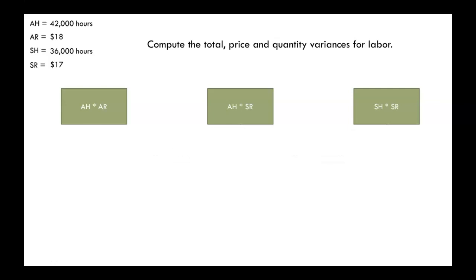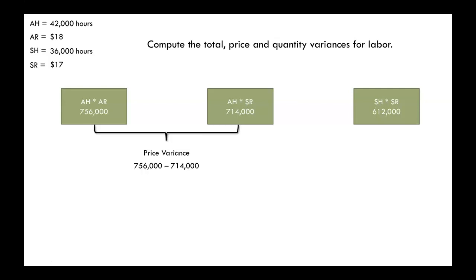So we start to plug in our numbers. 42,000 times 18, 42,000 times 17, and 36,000 times 17. So we get 756, 714, and 612. Our price variance will be 756 minus 714.